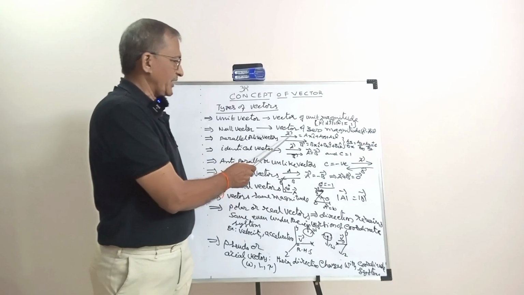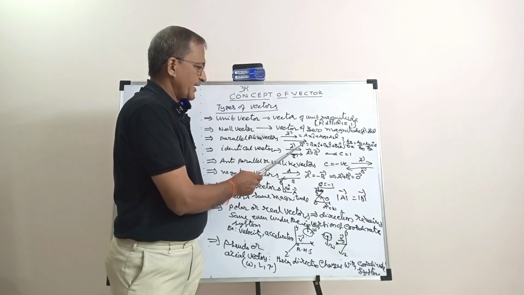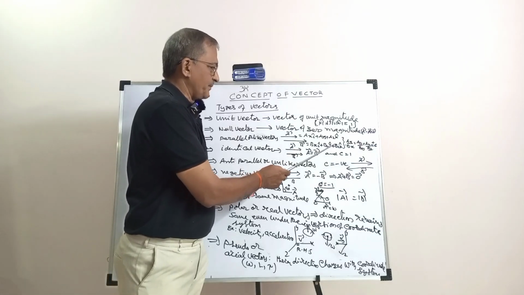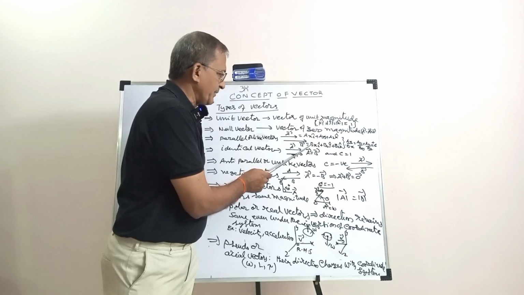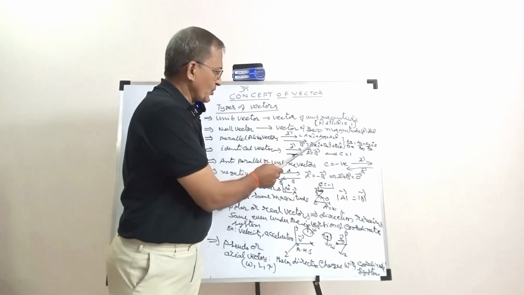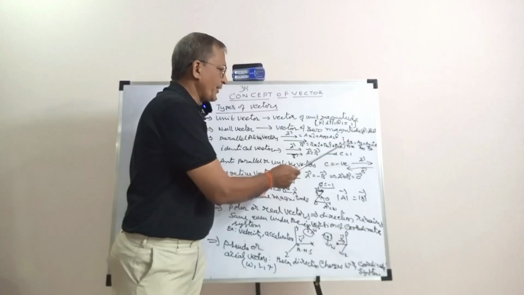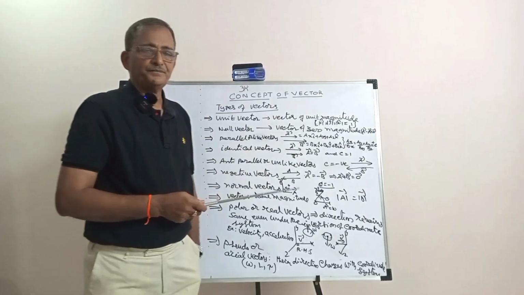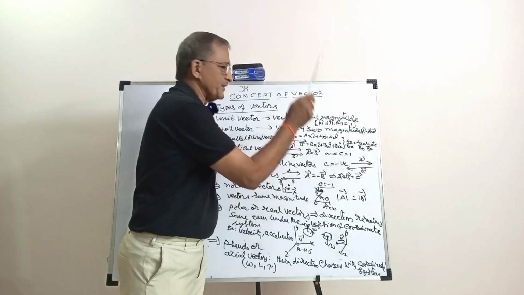For example, A bar is AX i plus AY j plus AZ k, and B bar is BX i plus BY j plus BZ k. The X components ratio, AX by BX, is equal to the Y components ratio, AY by BY, is equal to the Z components ratio, AZ by BZ. So the ratio of the components is a constant and is also positive.